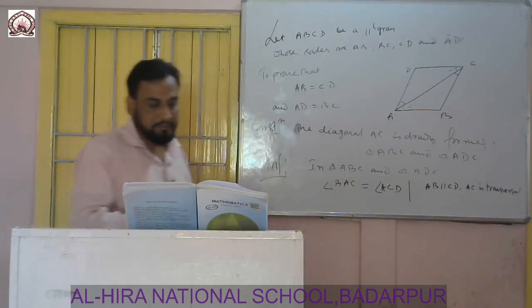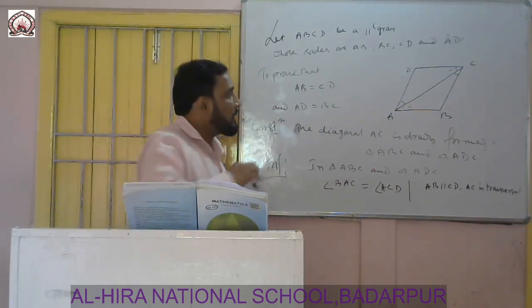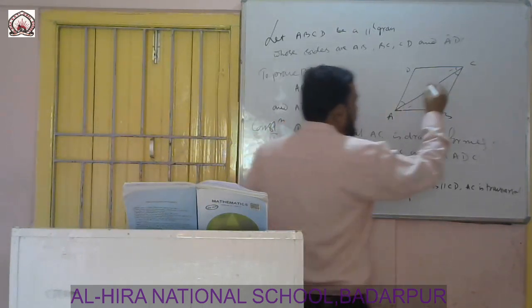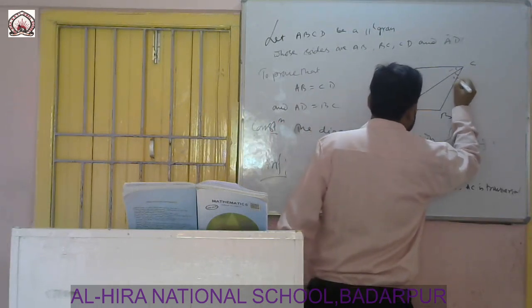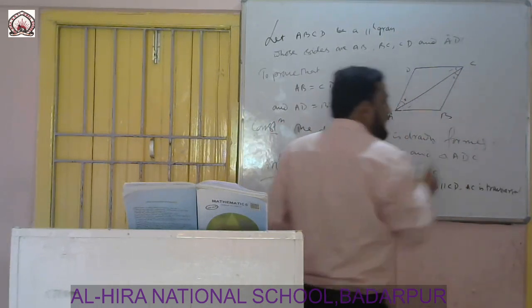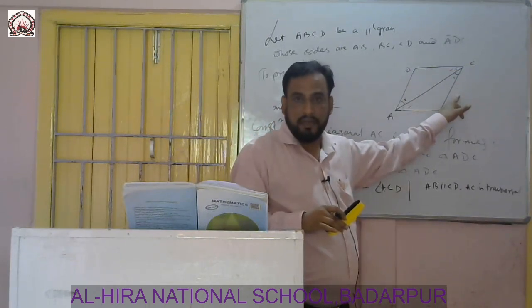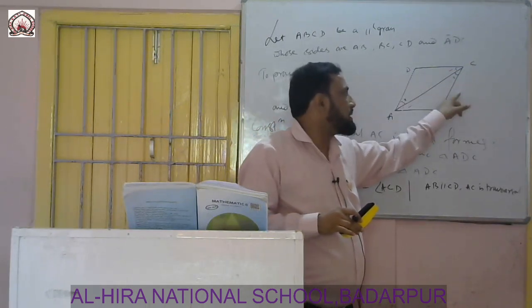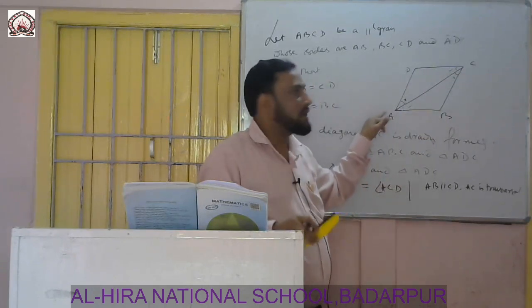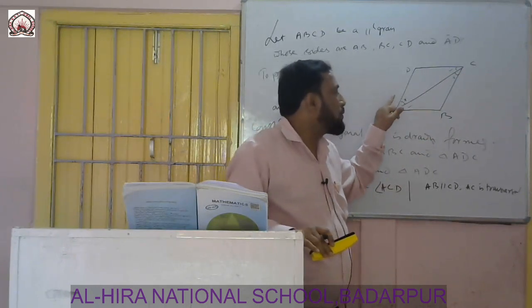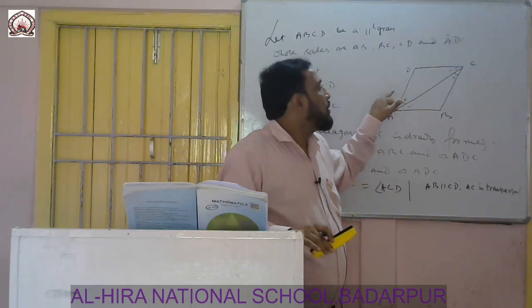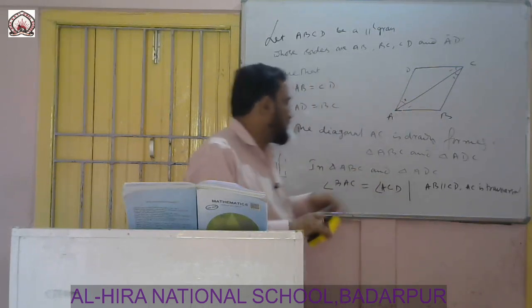And now, look at the cross signs. Again in the parallelogram, AD is parallel to BC, isn't it? So if AD is parallel to BC, taking AC as transversal, we are getting two more alternate angles.